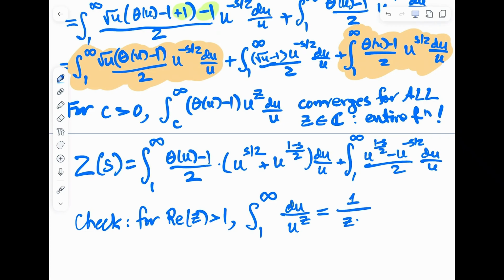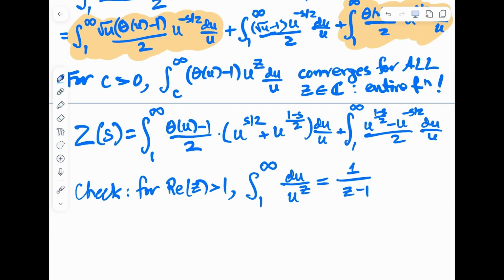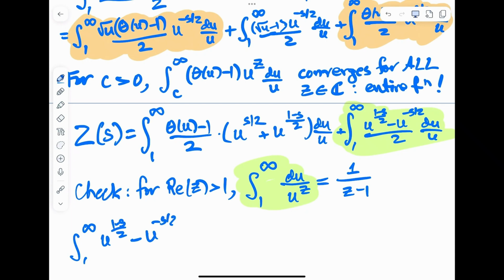That's just a calculation that you can do. And so what we're going to deal with now is just look at this thing and this thing. So this integral, u to the 1 minus s halves minus u to the minus s halves, everything's divided by 2u du.